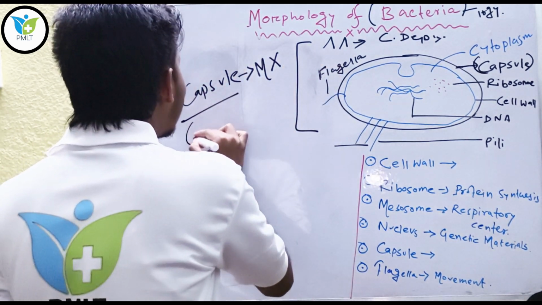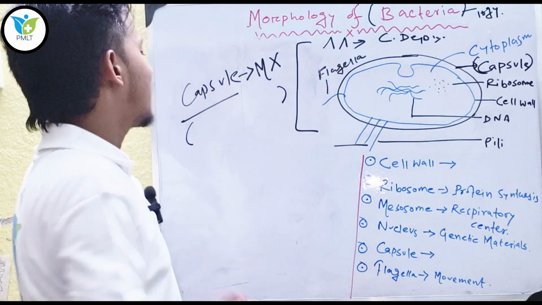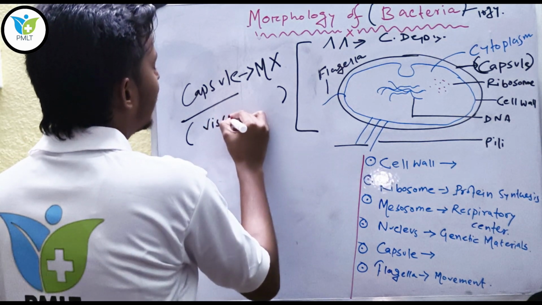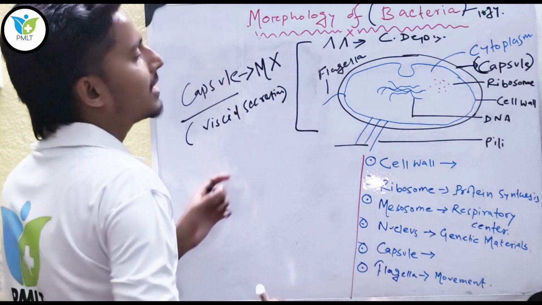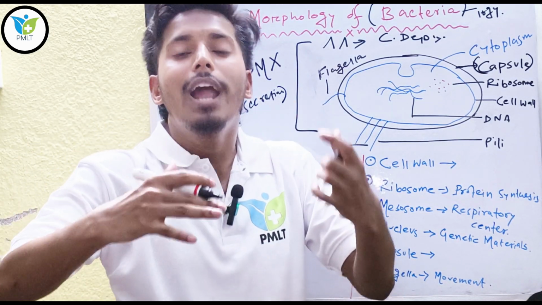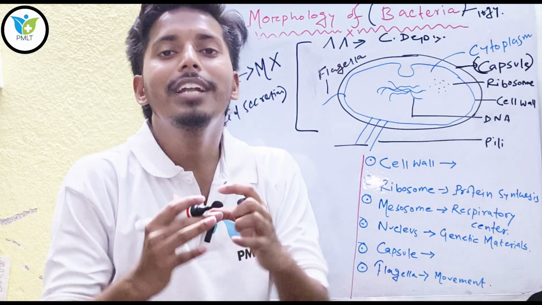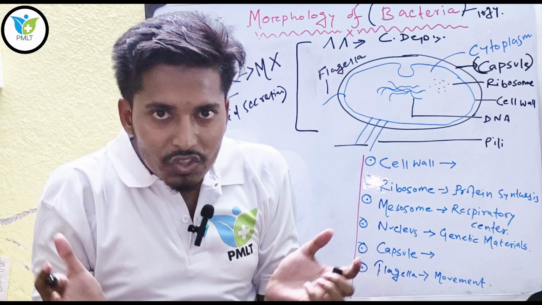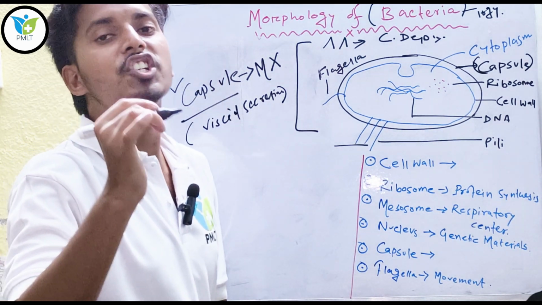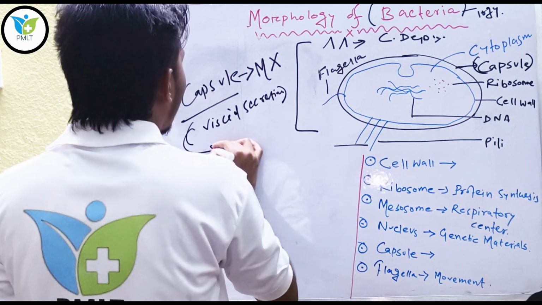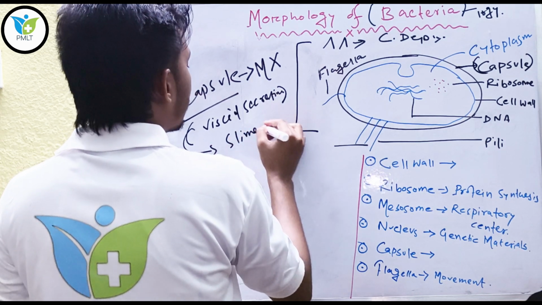Now what is this capsule? A capsule is basically a viscous secretion from the cell wall. When this secretion takes a structure, that is called a capsule, and whenever this secretion does not take a structure, that is called a slime layer.